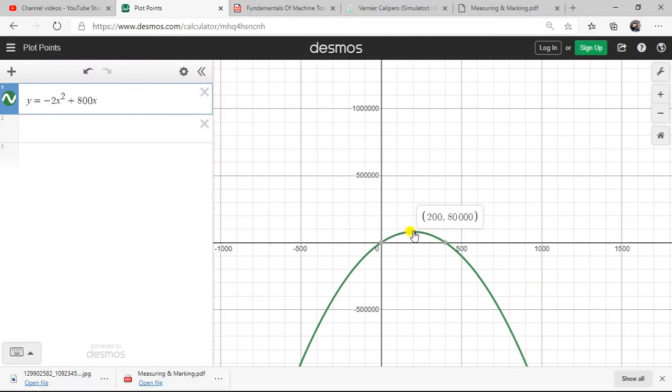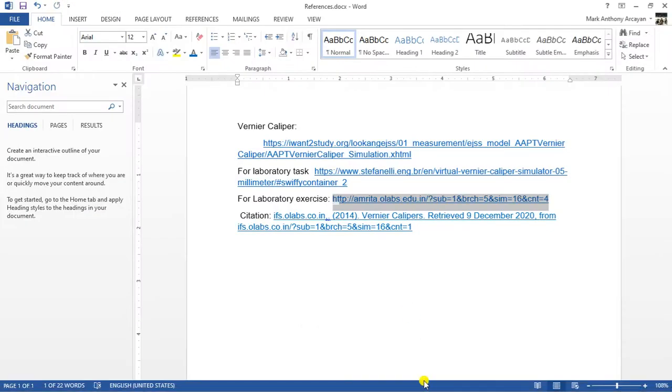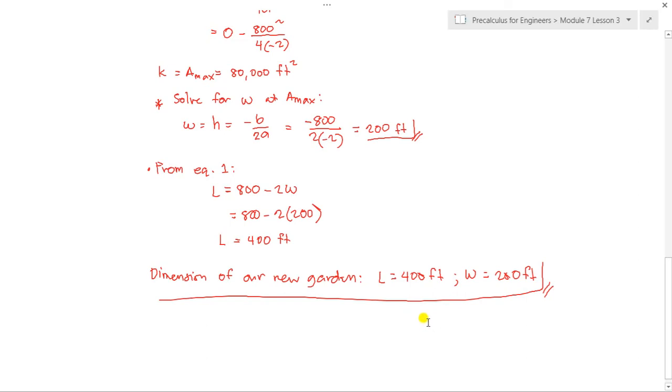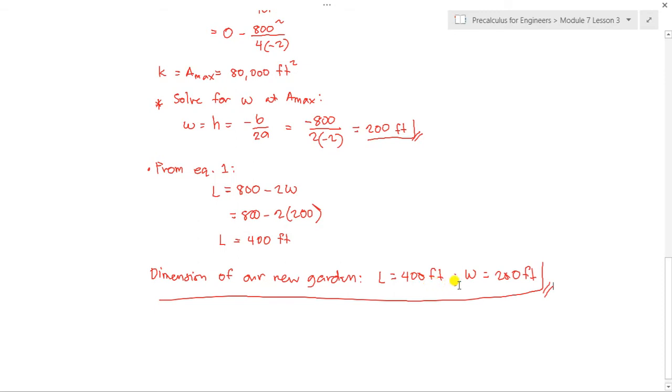Here our vertex is 200, so the 200 here is our width W, and the 80,000 is our maximum area. If we multiply this 400 feet and the width of 200, 400 times 200, the result is 80,000.